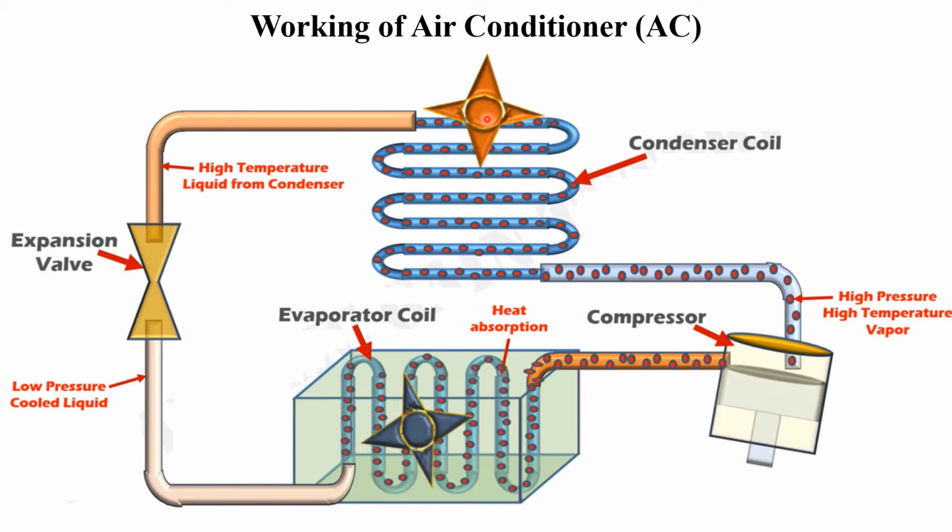Now, this hot gaseous refrigerant, that is high pressure and high temperature vapor, after absorbing the heat from the evaporator, goes to the compressor. The compressor compresses the refrigerant and pressure increases. We know that if pressure increases, the temperature also increases. This high pressure and high temperature vapor enters the condenser.